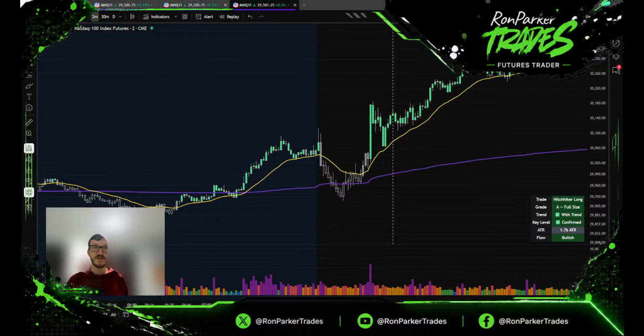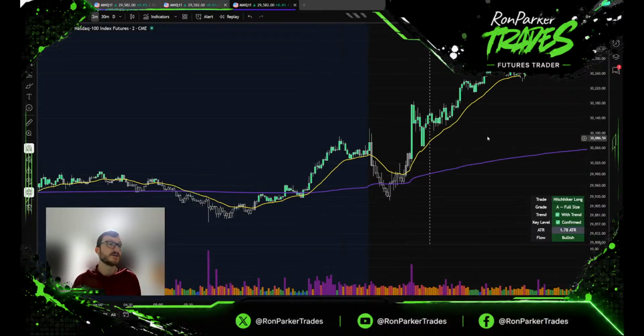When we're below VWAP, we have a short bias and we're looking for lower lows and lower highs. The opposite. Now, I recommend avoiding counter trend trades until you're more experienced.